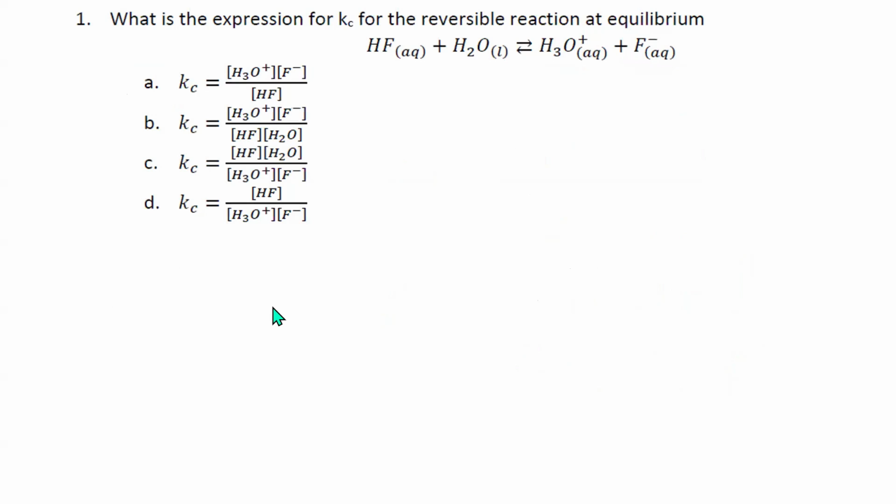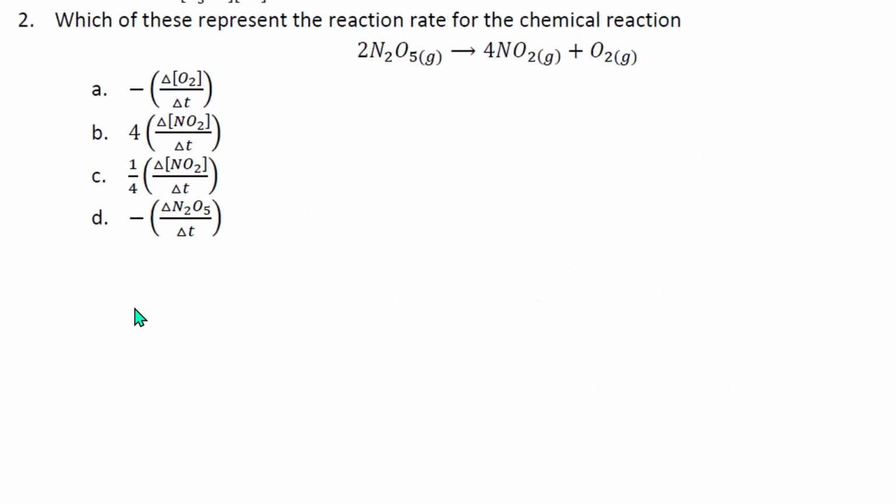So now let's look at the next question. Here in question 2, the question says, which of these represents the reaction rate for the chemical reaction? So generally, when we say reaction rate, it means the speed of the reaction.